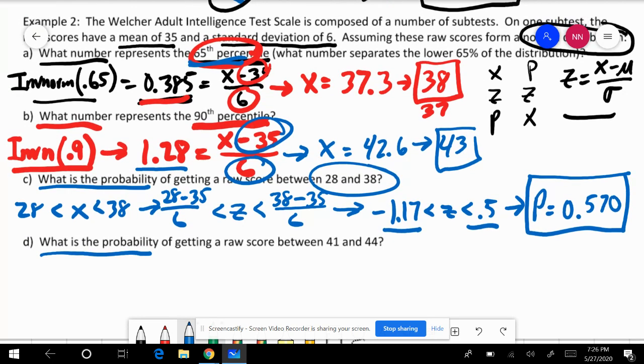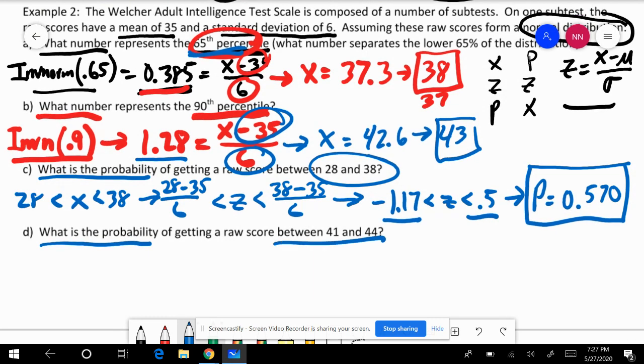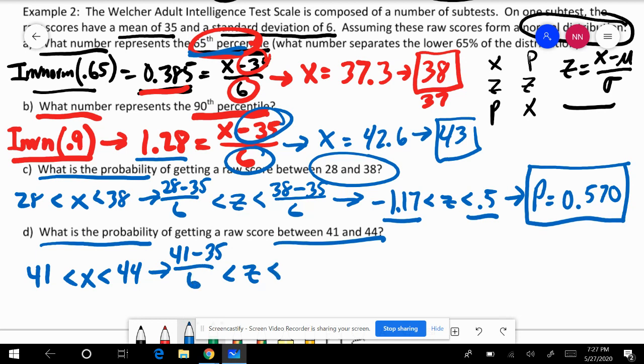This next one is going to be similar. The reason that it's similar is it's in between 41 and 44. So our x value is in between 41 and 44. That means we want a z value in between 41 minus 35 over 6 and 44 minus 35 over 6.